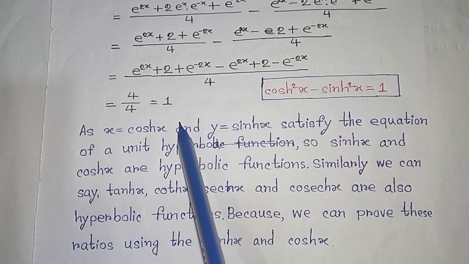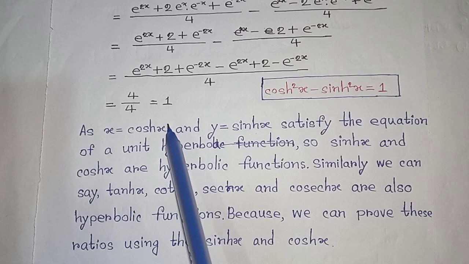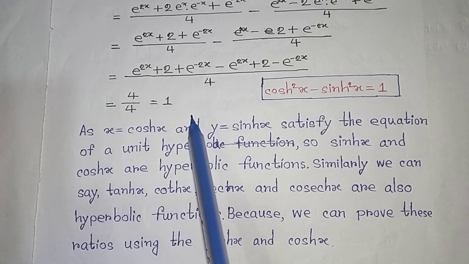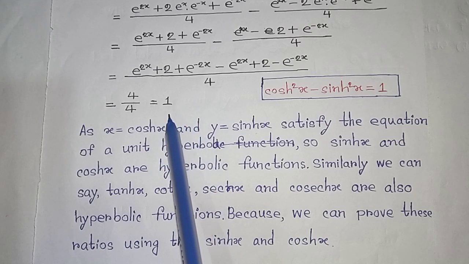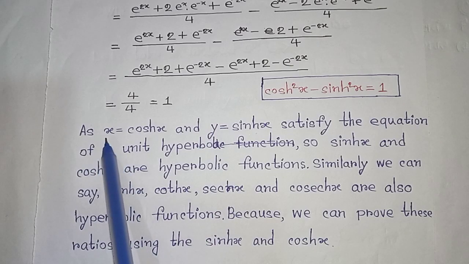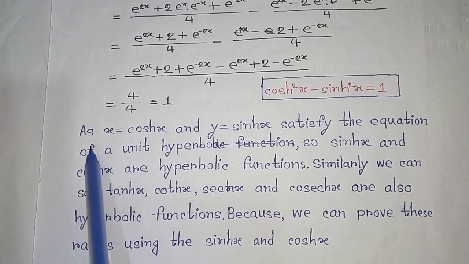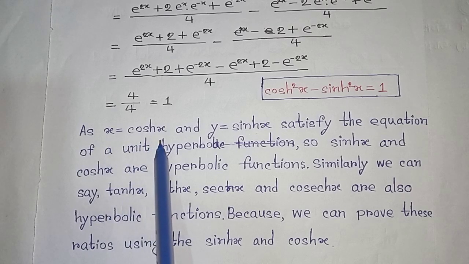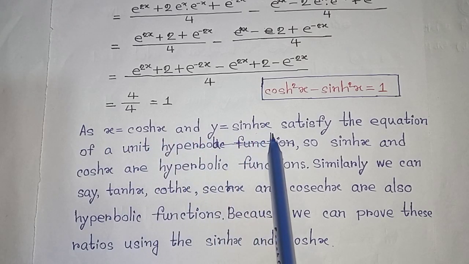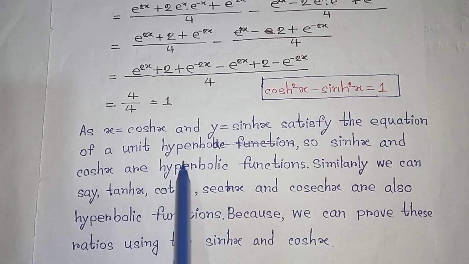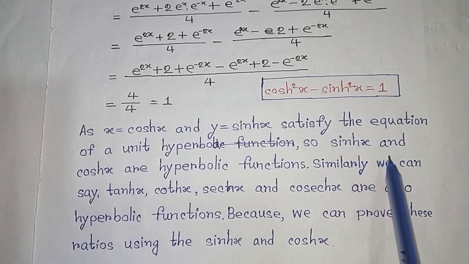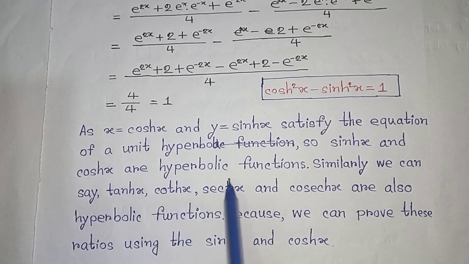So we have proved here x square minus y square is equal to 1. So we can conclude that as x is equal to cos hyperbolic x and y is equal to sin hyperbolic x satisfy the equation of a unit hyperbola, sin hyperbolic x and cos hyperbolic x are hyperbolic functions.